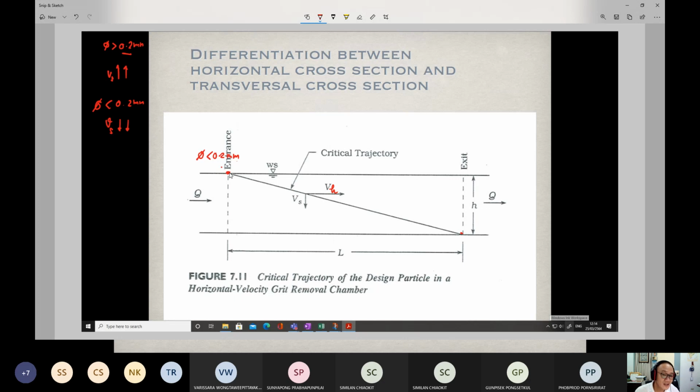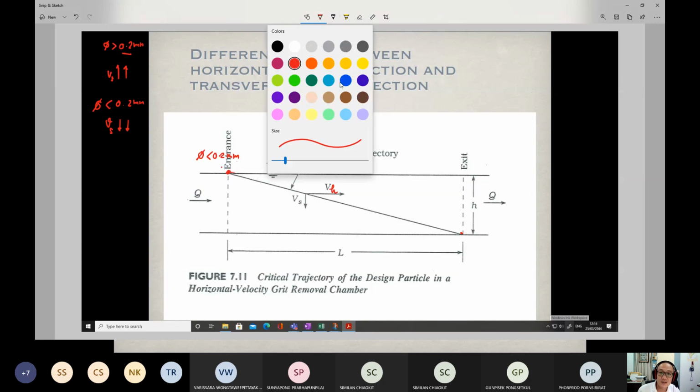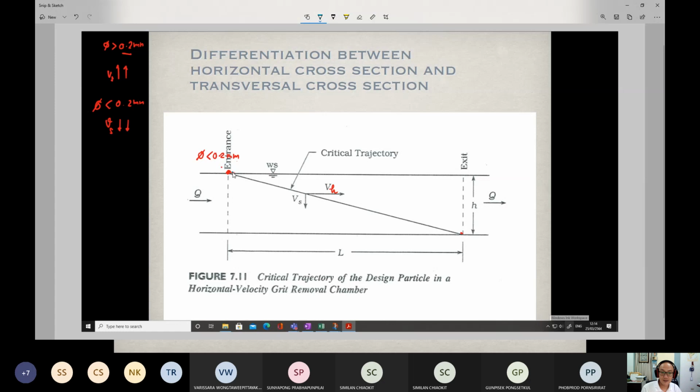If we consider a particle entering the settling zone at this position, how will the trajectory line look? It will be something like this. The horizontal velocity remains the same, but the settling velocity is smaller than this one.